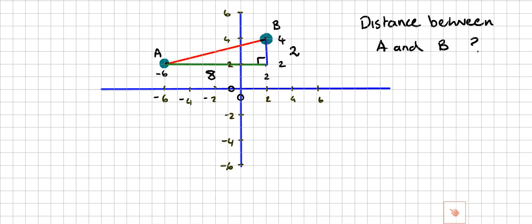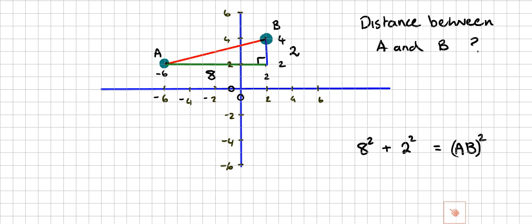So what we know is that 8 squared plus 2 squared equals, I'm going to write my notation as AB, meaning the distance A to B, squared. Alright? So I've not used my A, B's and C's.